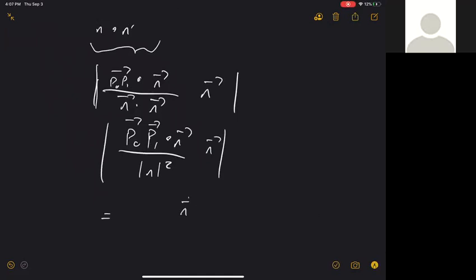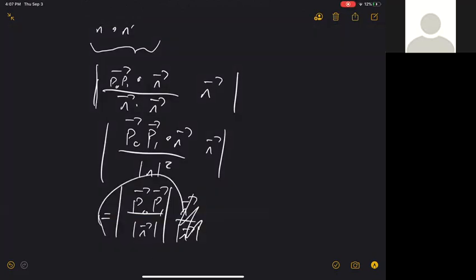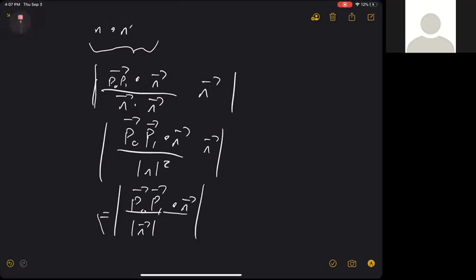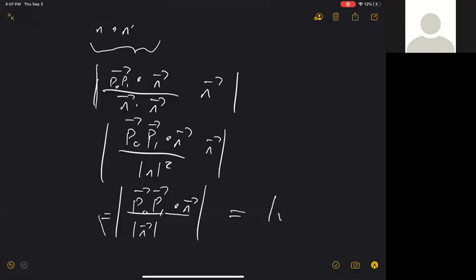Well, n over the magnitude of n is just a unit vector, right? So it's going to have length 1. So I can forget about that, and I would be left with P0 P1 dot n over the magnitude of n. Oh, I'm missing a dot n up here. The length of this thing, the numerical value of this, is going to be equal to the length of v.